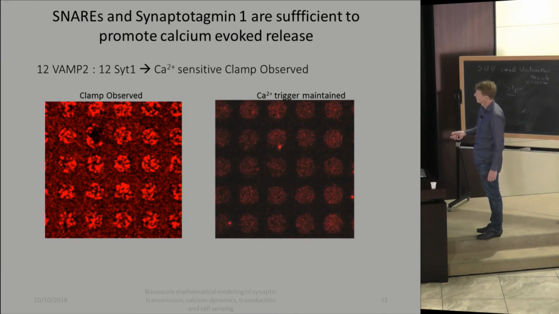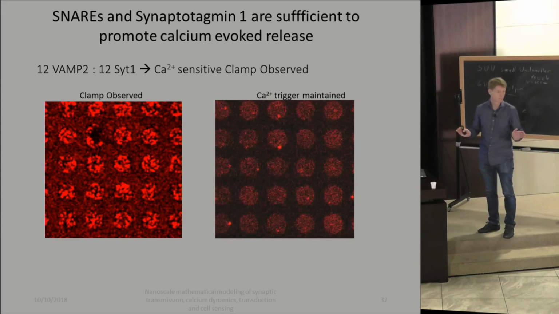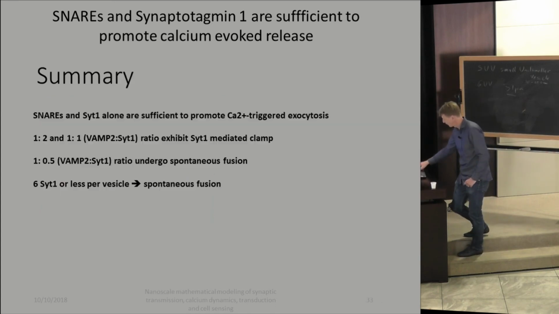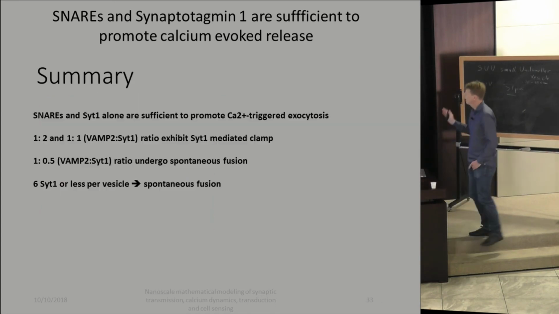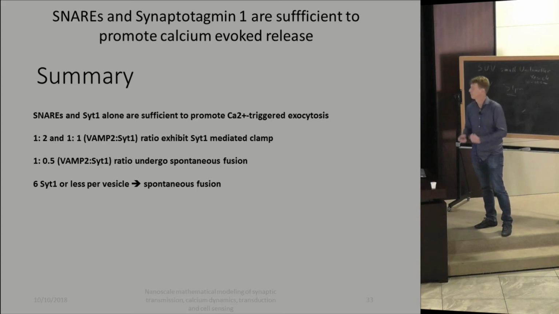And then you have a clean membrane. You triggered fusion with calcium. So this just shows that if you have VAMP and synaptotagmin, you can recapitulate the clamping and calcium-induced fusion.